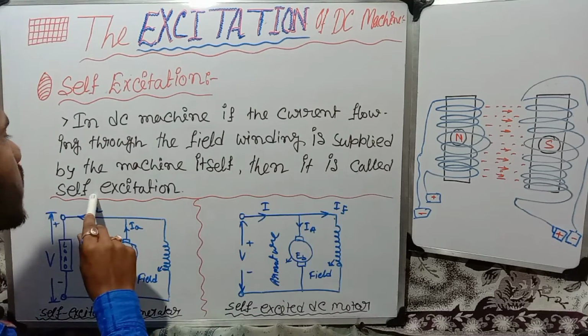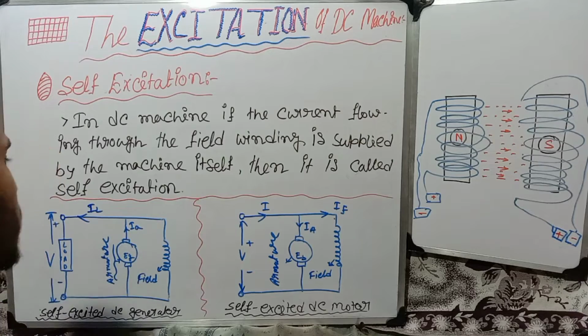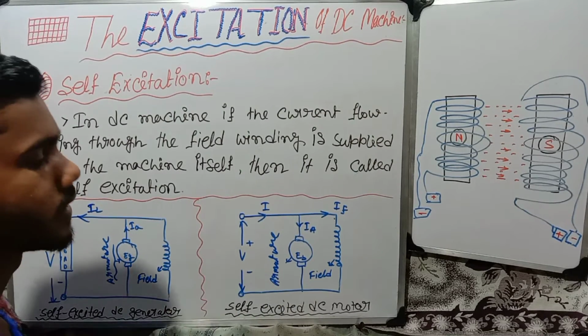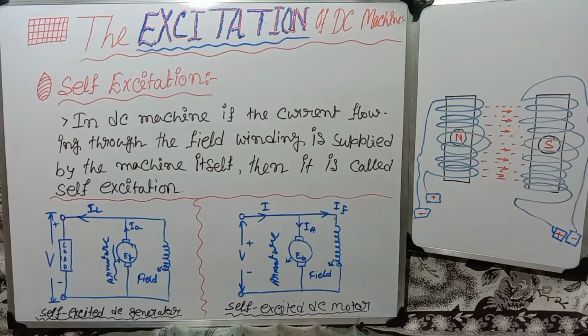called self excitation, right? So we can see this is the self excited DC generator and this is the self excited DC motor.